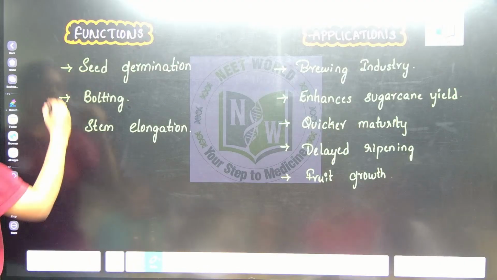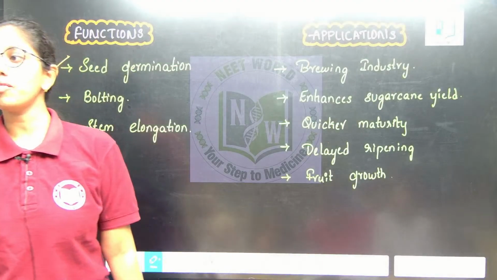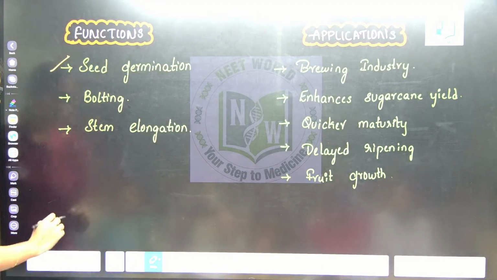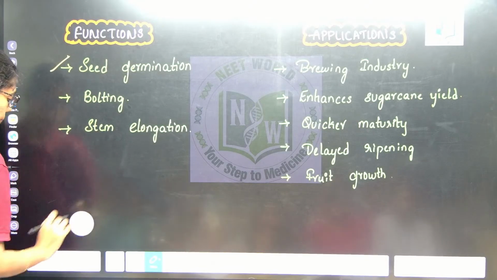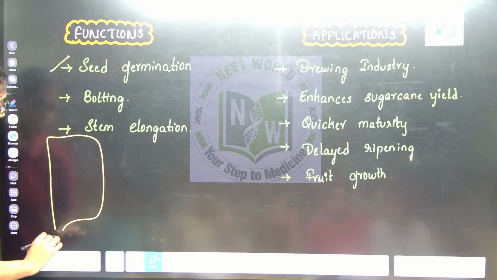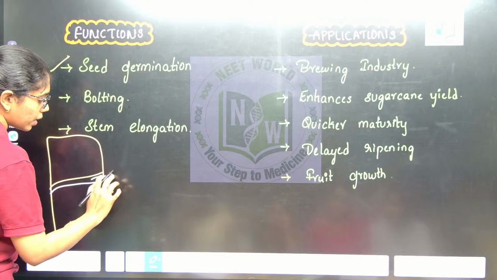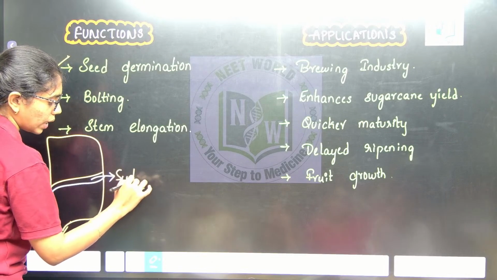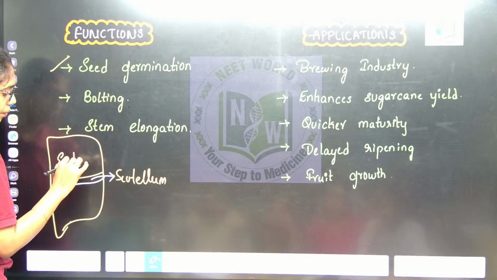First is seed germination. Gibberellic acid promotes seed germination. How is it promoting seed germination? Let us take the monocot seed once again. In a monocot seed, endosperm is present and just a papery cotyledon, that is the scutellum.